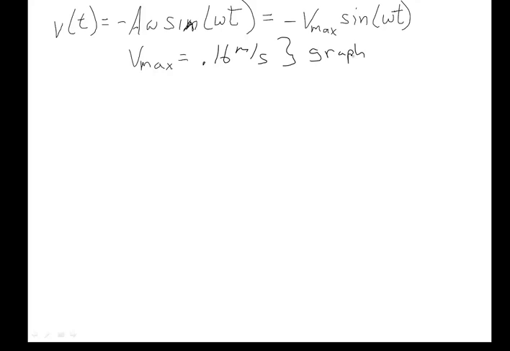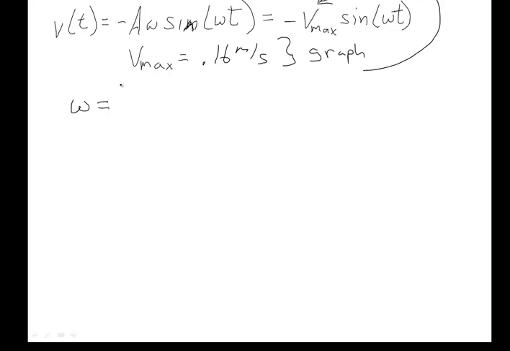So let's go ahead and write out this equation. But first we've also got to figure out what omega is. We know from our equations that omega is the angular velocity, and the angular velocity is 2 pi radians divided by the period.